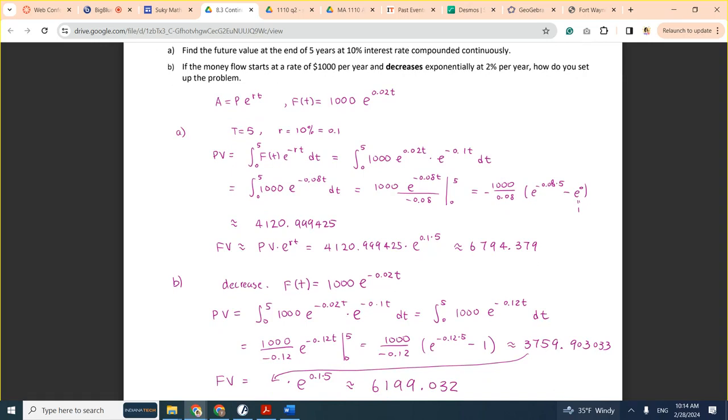And by the way, the 2% and the 10% are different things. Okay? The 2% is just about how the income stream changes every year. So every year your income stream is different, but it affects the f of t. But then the r is after the money comes in. So imagine if I draw the picture.